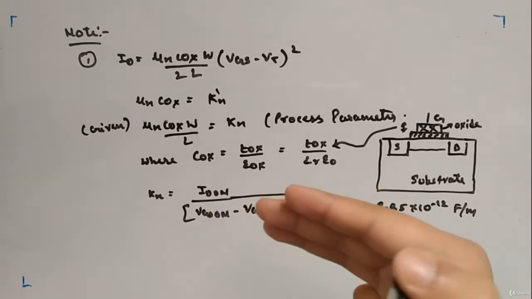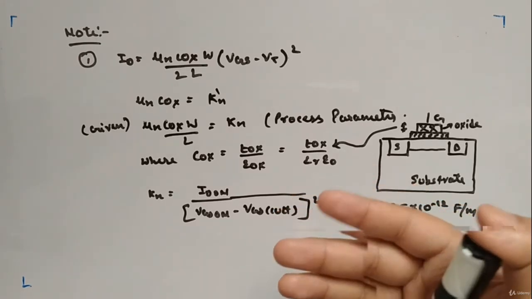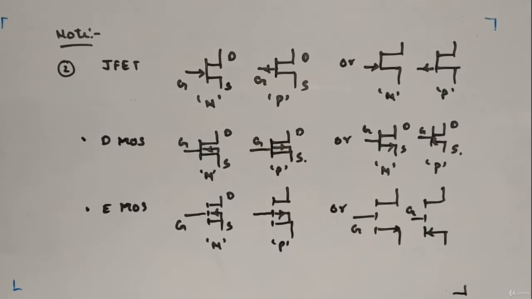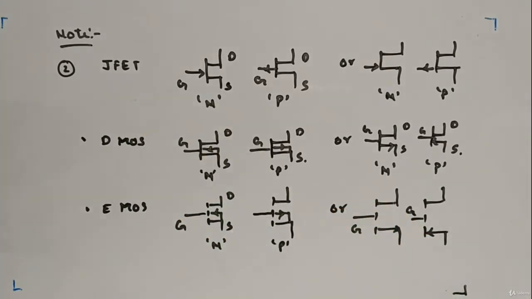Second, I will show you some of the representations commonly used for MOSFET. So let's look at how people represent JFET, depletion MOSFET and enhancement MOSFET.